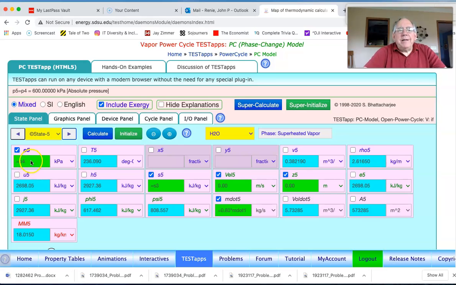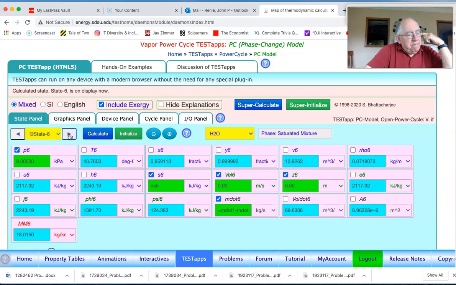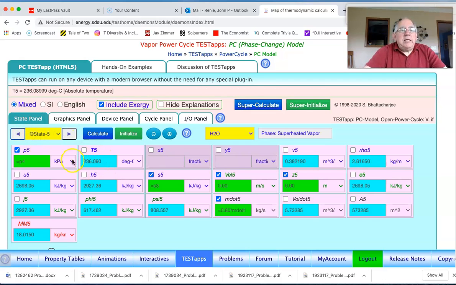And what we know about state 5 is that it has an entropy associated with the incoming entropy. So this is the isentropic condition, if we had a perfect turbine. And so the conditions at state 5, which we see here, have certain properties associated with them.